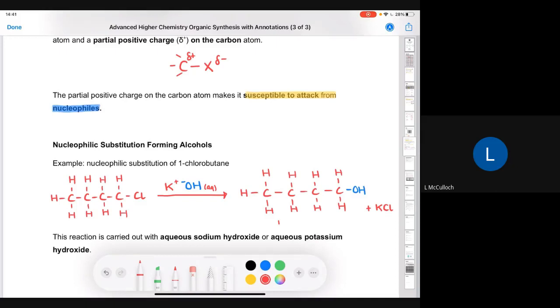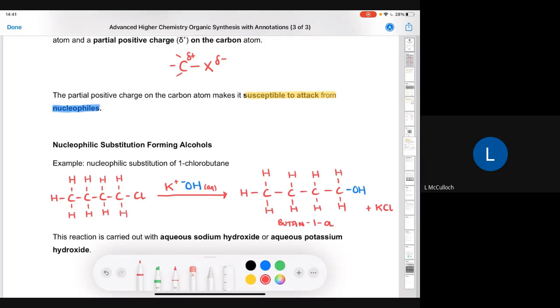And what we've got as our product is butan-1-ol. So that's our nucleophilic substitution to form our alcohol. And this reaction is carried out with aqueous sodium hydroxide or aqueous potassium hydroxide.